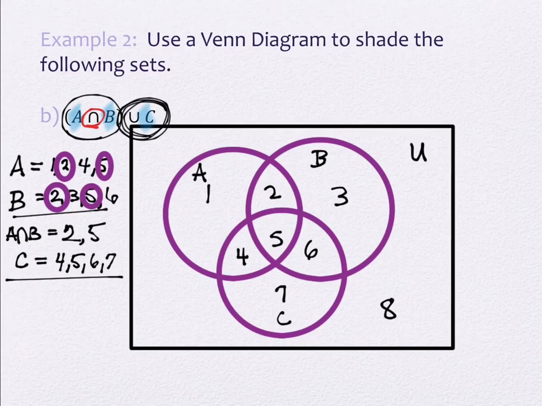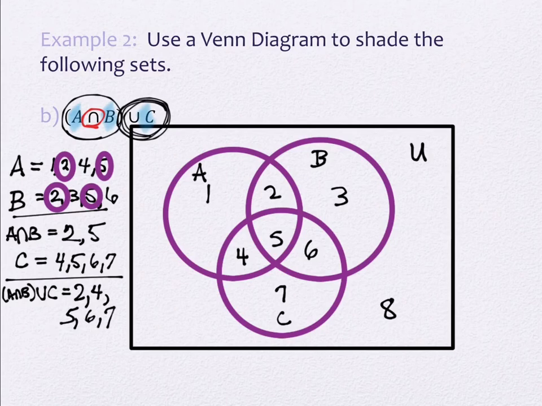And then after I consider that, I'm supposed to combine A intersect B unioned with C. So what does union mean? All of it. So what numbers are in the union of these two sets? 2, 4, 5, 6, and 7.